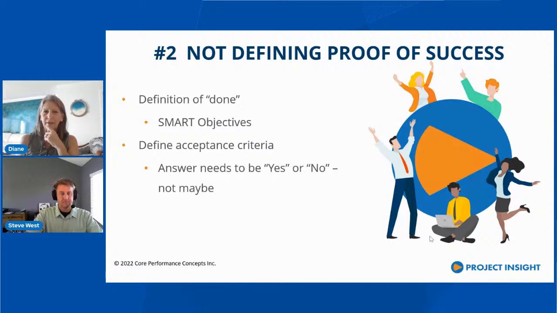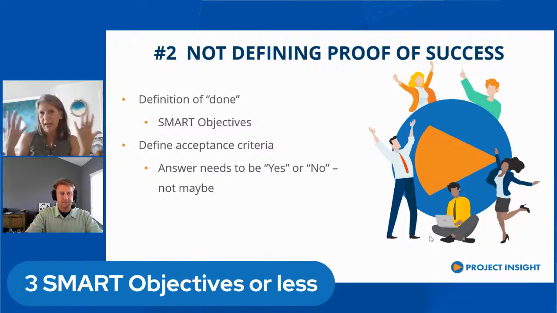Probably the answer is no. If I missed 2, I definitely didn't succeed. But if I had 10 out there and I missed 2, then it's a little bit grayer as to whether or not I succeeded, because those 2 might have been the most important ones to achieve. It gets very, very fuzzy if we're not concise and very clear as to what we want to succeed.